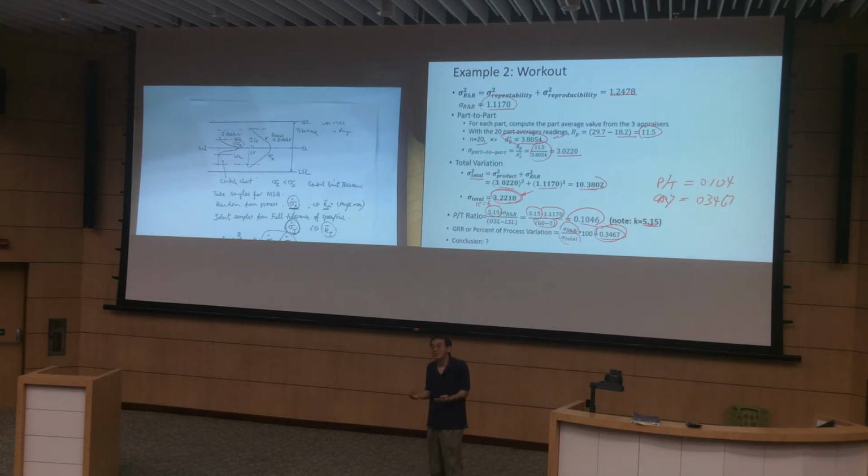But if you are a process guy, you want to know what your process standard deviation or process variation contributes, right? So you want the equipment that can discern your process variation. Subsequently, you can do your Cp, Cpk, or standard deviation reduction. So in the world of Six Sigma, those are the things. What you actually want to look at is the gauge R and R, not the P/T ratio.